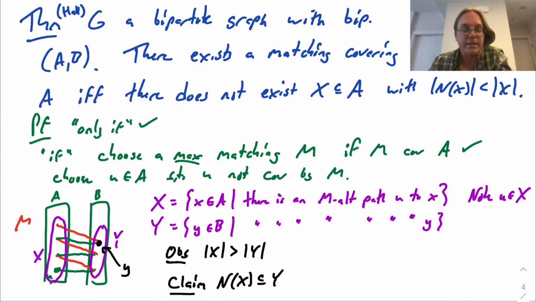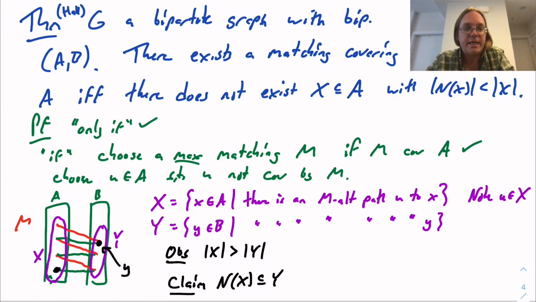So let's see why this claim holds true. Maybe just for a start, let's see why it holds true for the first vertex U. Actually, that's immediate. For the first vertex U, you can walk out along any of those edges incident with U to a vertex in the set B, and that's going to be an alternating path.